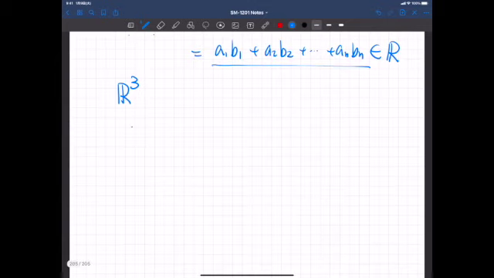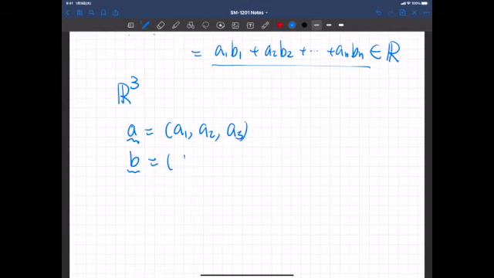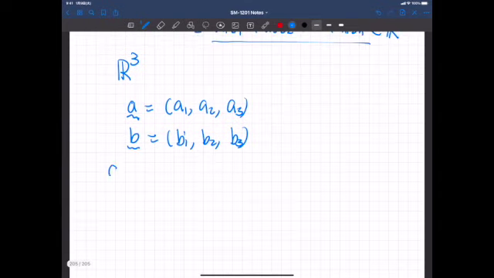So let's say A is a three-dimensional vector, A1, A2, A3, and B is also a three-dimensional vector, B1, B2, B3. Then the vector product, which we write A cross B, is also called a cross product.